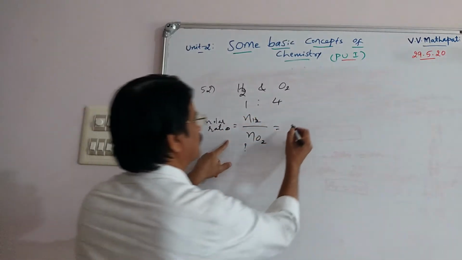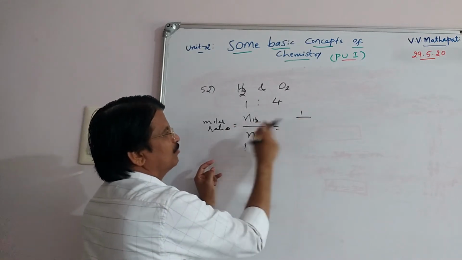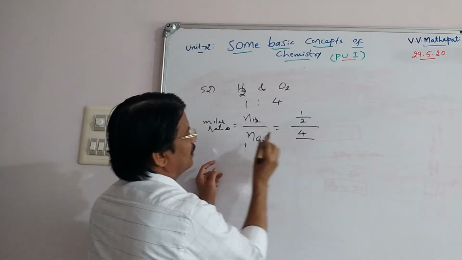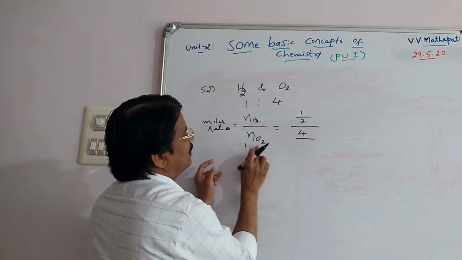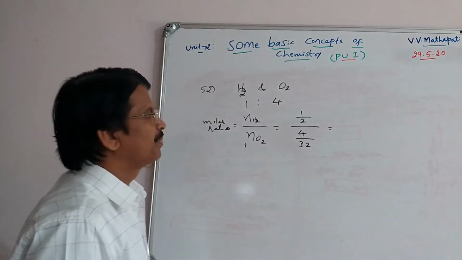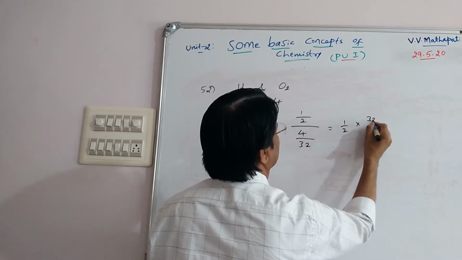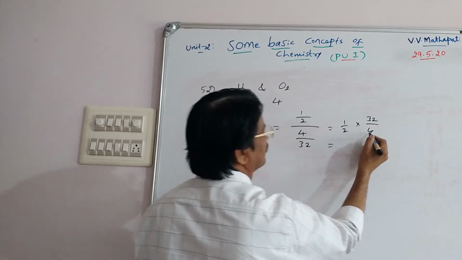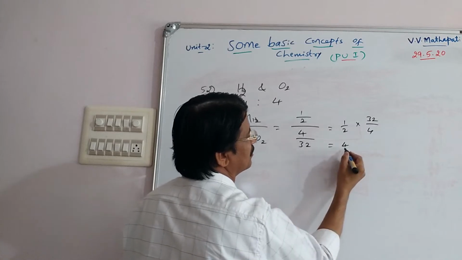Therefore moles of H2 is 1 by the molecular mass 2, and moles of O2 is 4 by the molecular mass 32. So 1 by 2 into 32 by 4 gives 4 by 1.